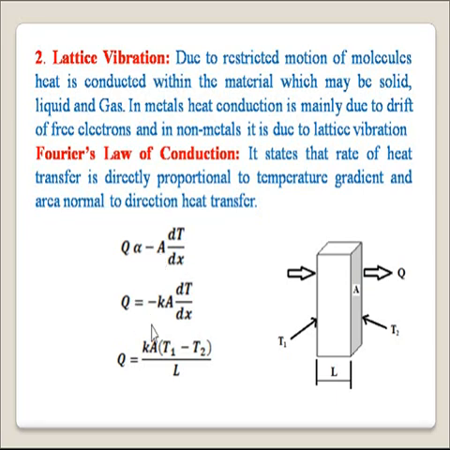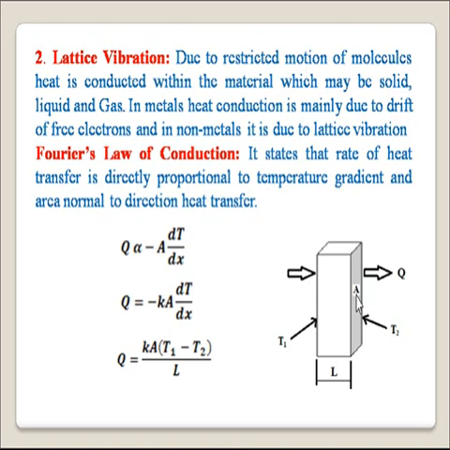Now, including the proportionality constant k, we have the equation of heat transfer by conduction: Q equals minus kA dT by dx. Consider a plane wall of thickness L, whose one side is at temperature T1, the other side is at temperature T2, and heat flowing through the wall is Q in this direction.